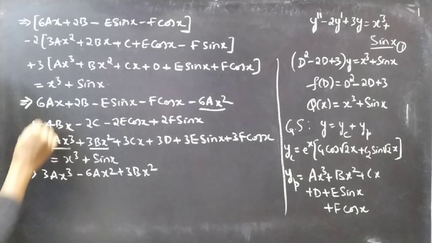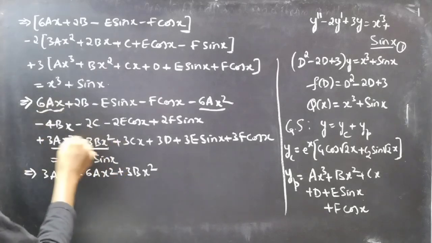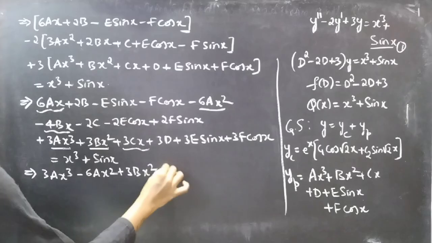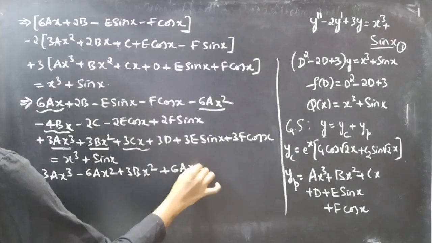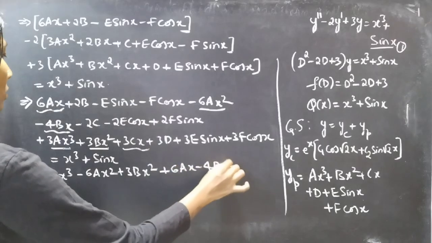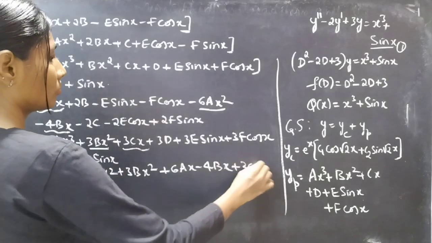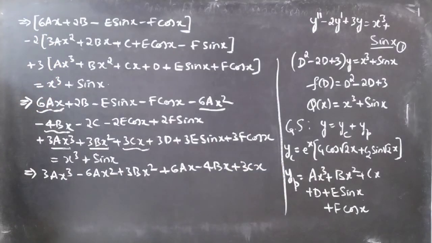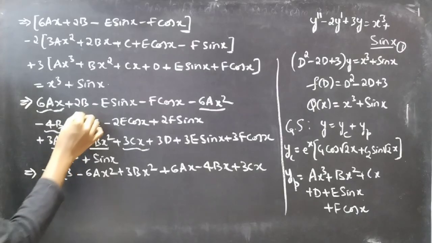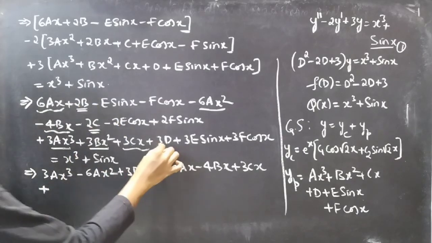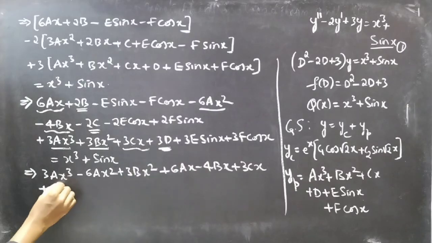Now write the terms involving x: plus 6ax minus 4bx plus 3cx. Now write the constants: 2b minus 2c plus 3d.